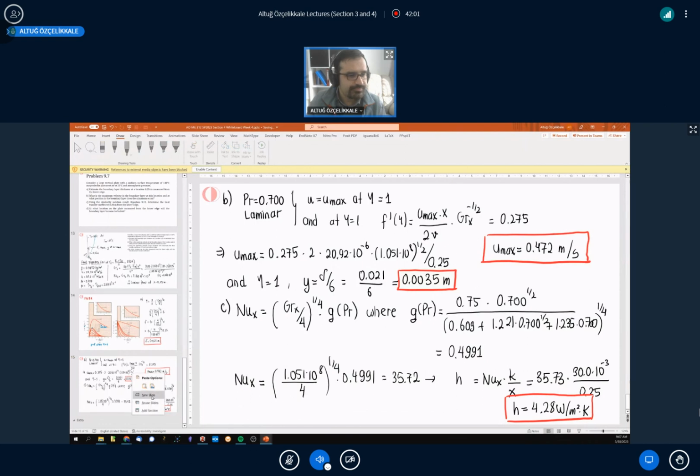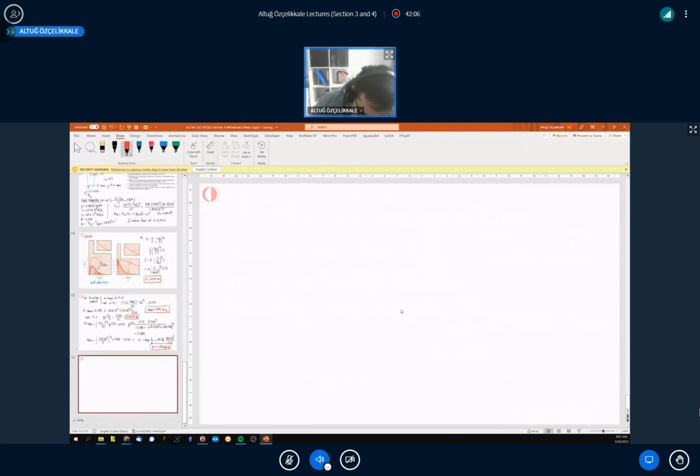Okay, so there was one more part. It's the onset of turbulence being asked. What is the location at which we are going to have onset of turbulence? Remember that, just like the forced convection over a flat plate, after some distance there are going to be disturbances in the flow. They're going to get amplified and result in transition to turbulence.